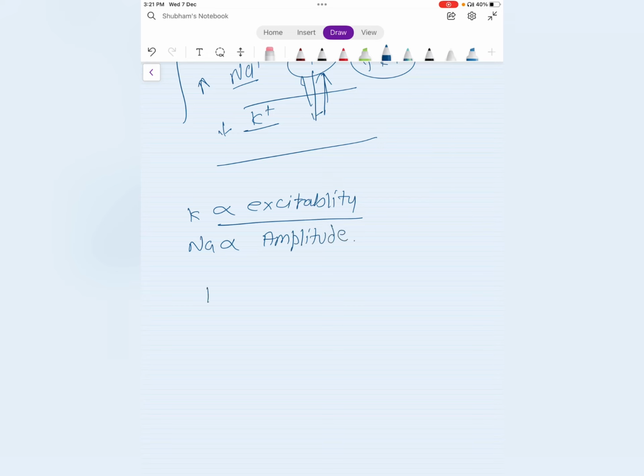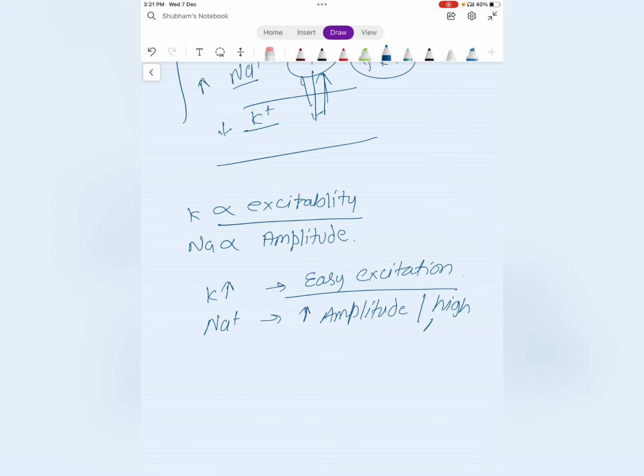Okay, so more sodium leads to early or easy excitation. More increased amplitude means a high action potential. What does that mean? You need less stimulus.